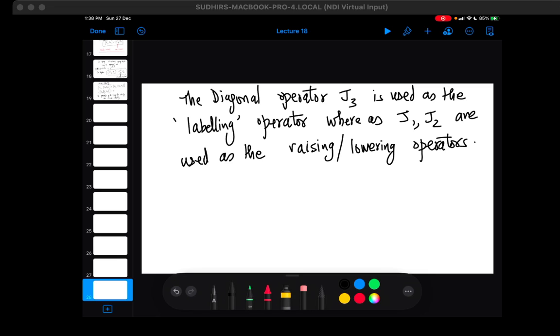So we define J plus minus equal to J1 plus minus i J2.